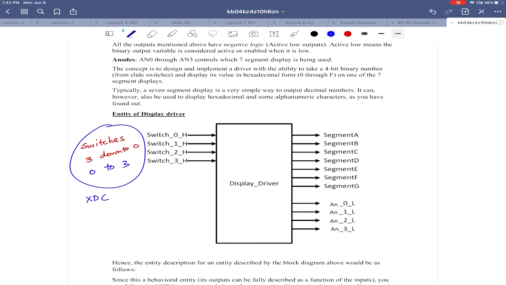In the XDC file, when we have to map each of these inputs, no matter what they might be, vector or single wires, you have to tie each one of them to something physical on the Basys 3 board. So that's the entire purpose of the XDC file, Xilinx design constraints file.